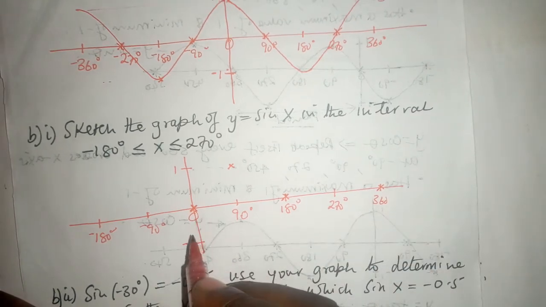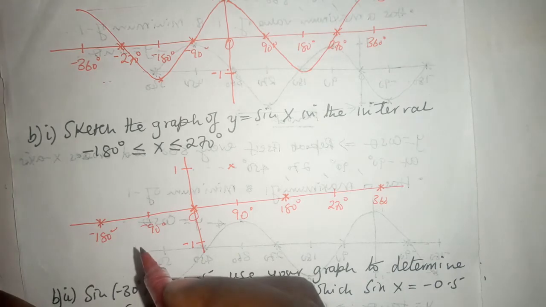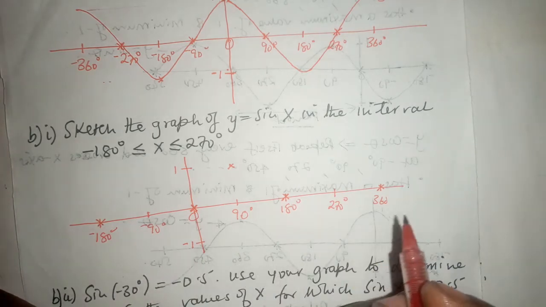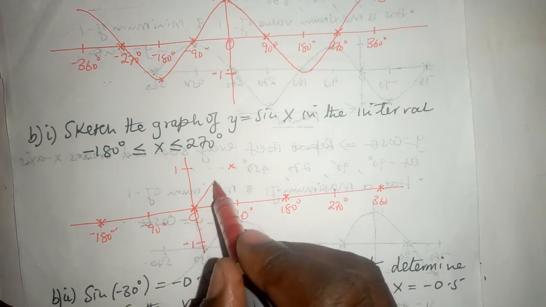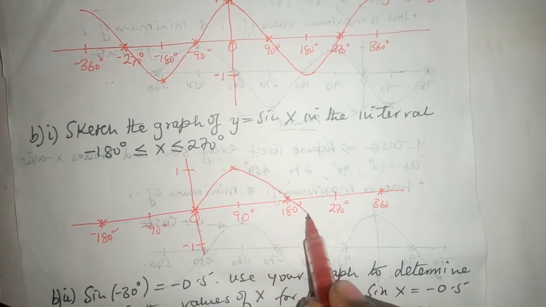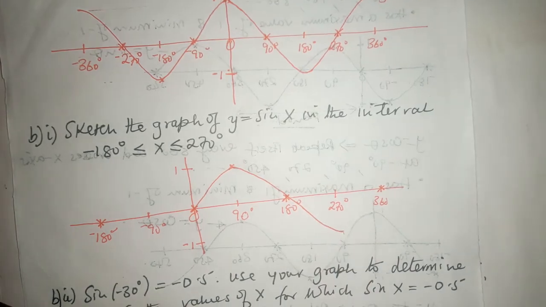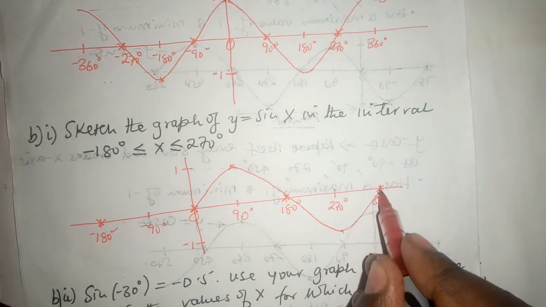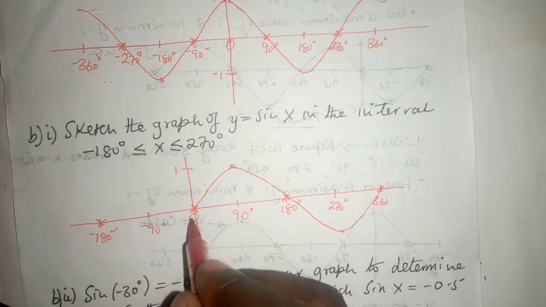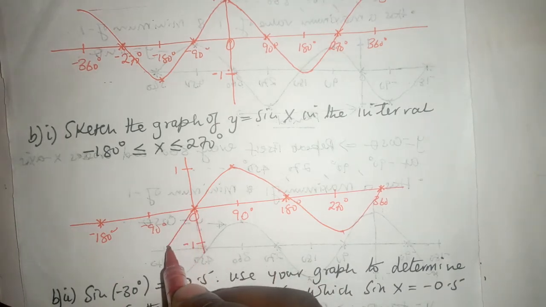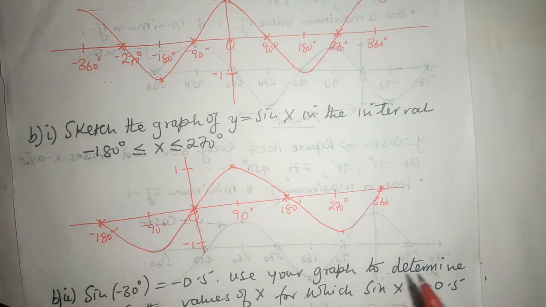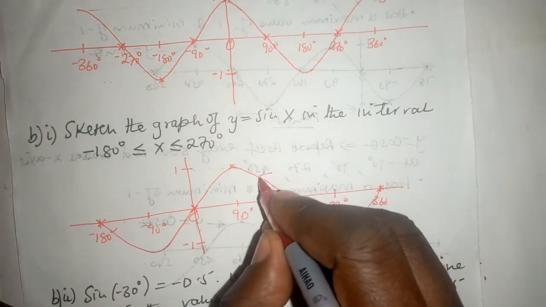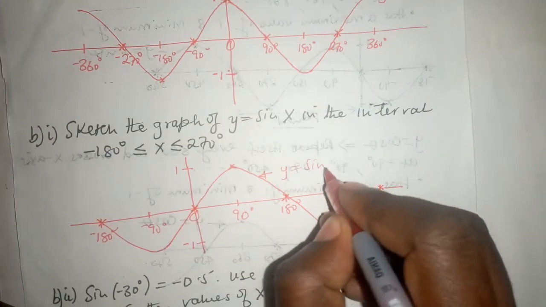From 0 minus 180, that is when it again crosses the x-axis. So we just need to have a normal flow, and if you continue further, we must go that way. But of course, when x is negative 90, y is negative 1. This is the normal graph of y equals the sine of x.